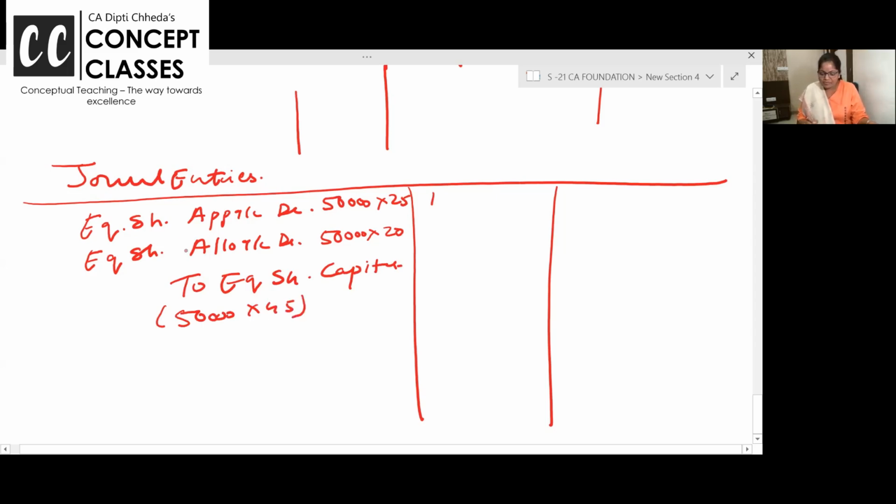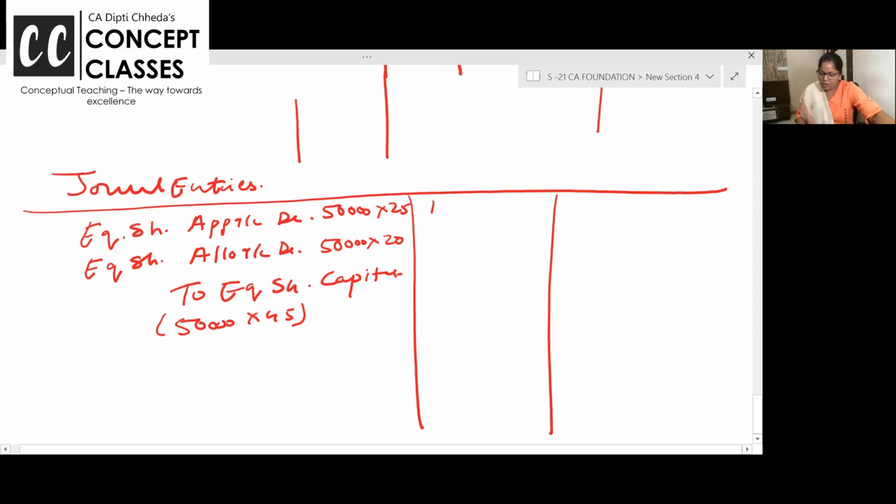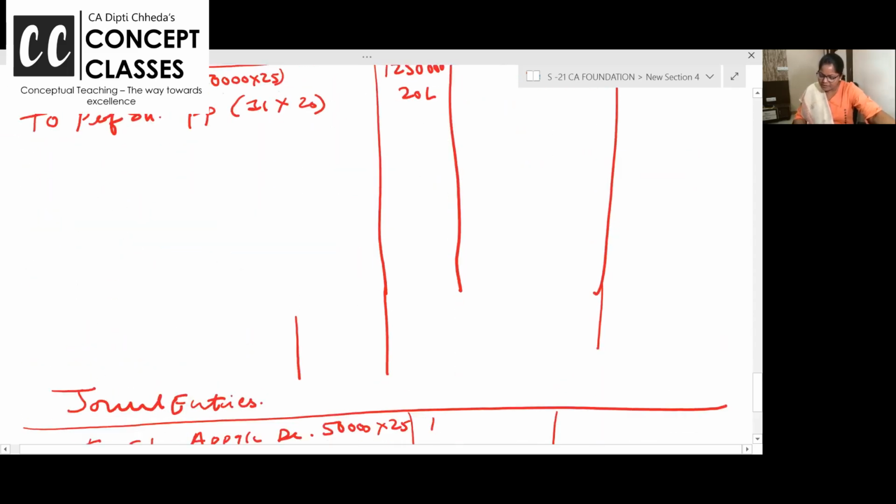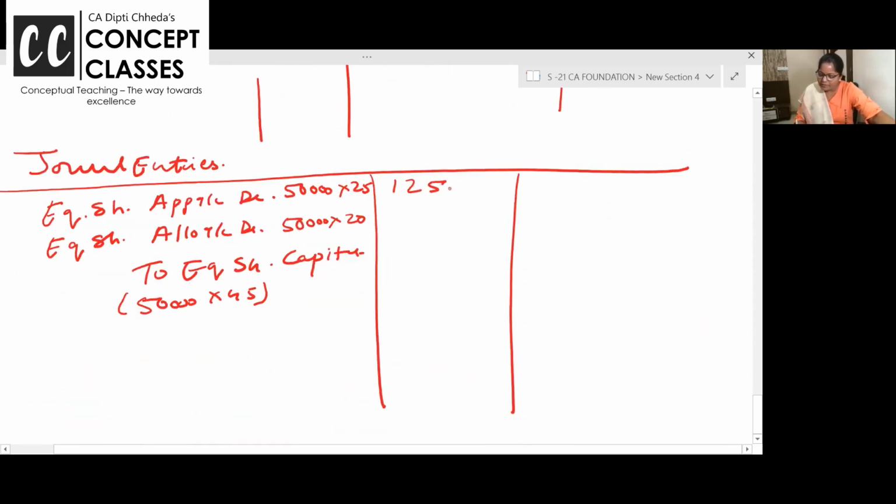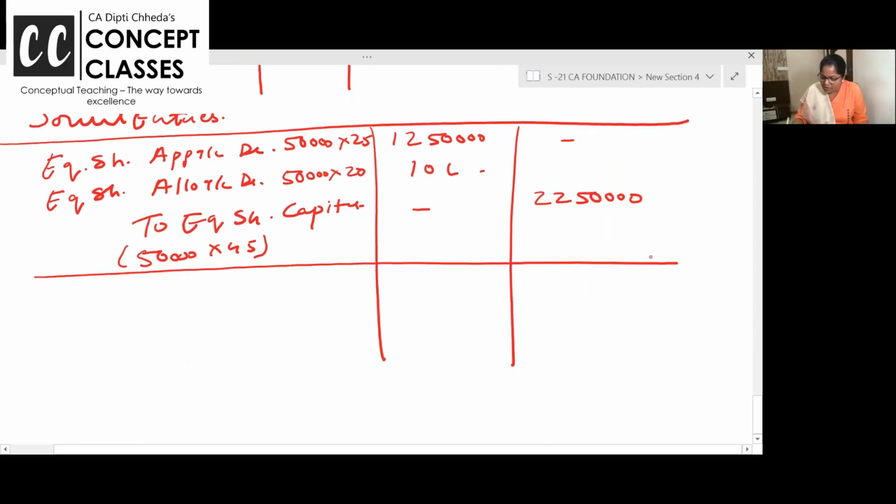Application you have received and allotment has become due. So how much is the application which you have received? 12,50,000. What is the allotment? 10 lakhs. So how much is it credited now? Equity share capital 22,50,000.